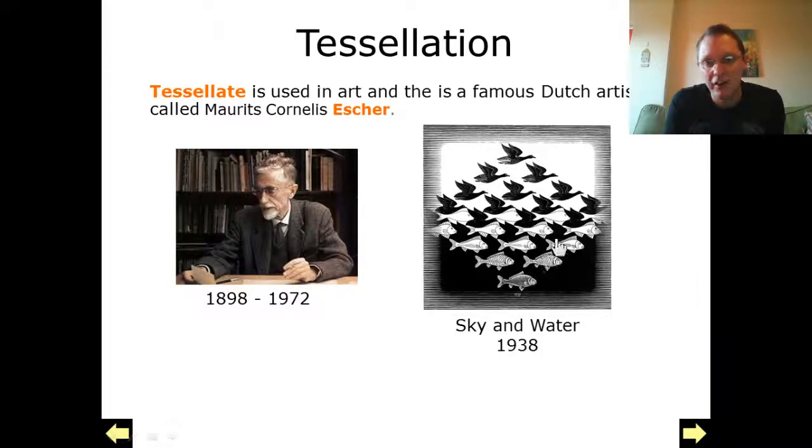If you look very closely at the images just in between the fish, that is actually the duck or the bird. And if you have a look at the images just inside of each of the ducks or birds, these are actually the images of the fish. Very, very famous drawings, and he made many of them.